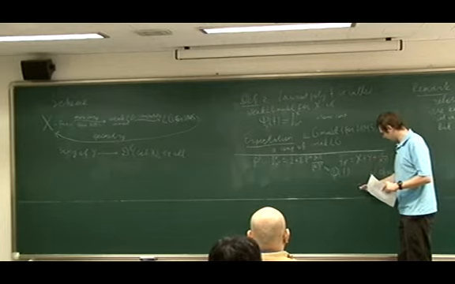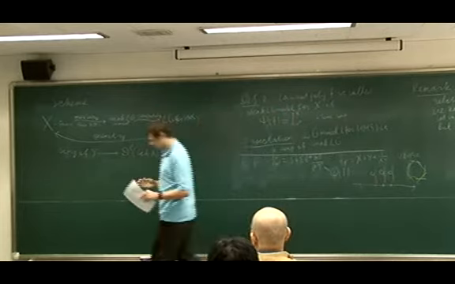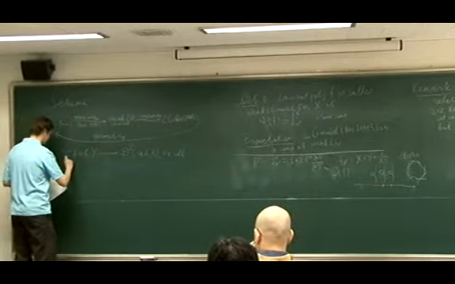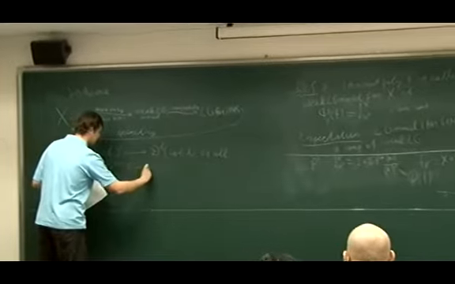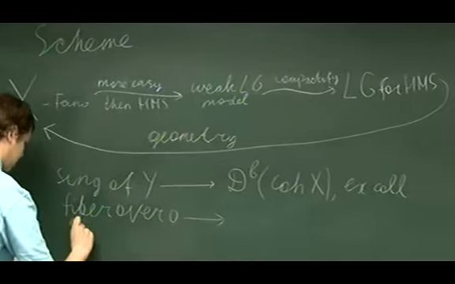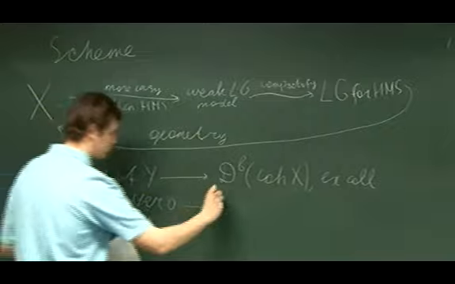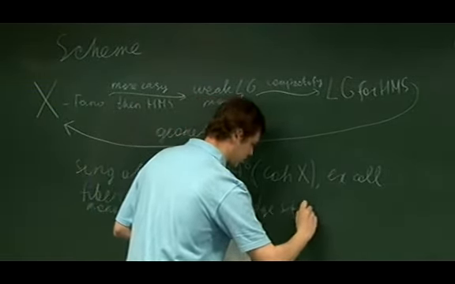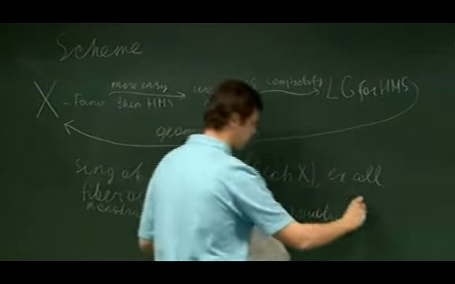Here there is nothing special, but usually it is very reducible, contains a lot of components and so on, and the fiber over zero and the monodromy around it correspond to a Hodge structure of X.